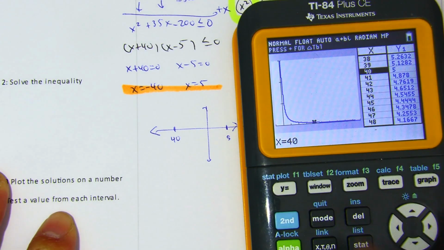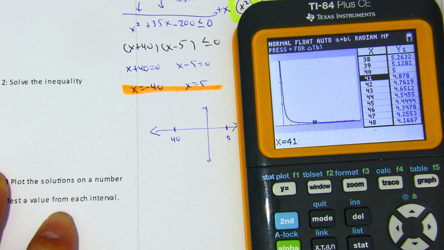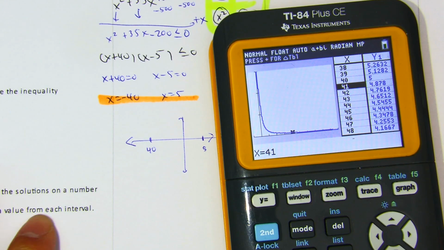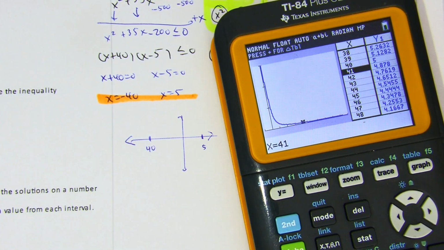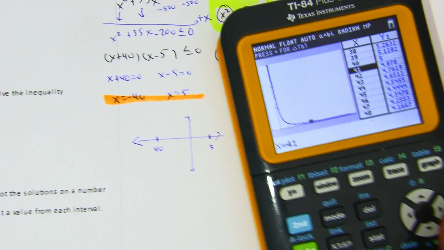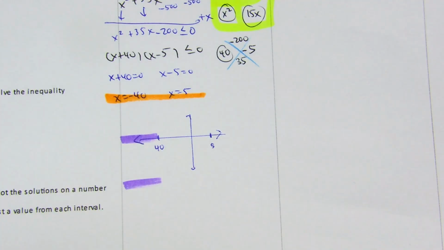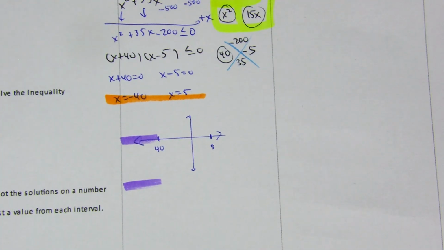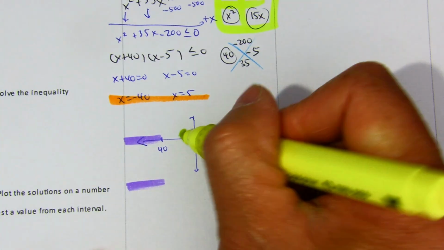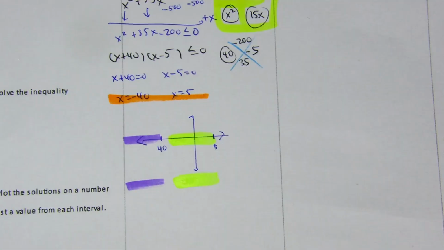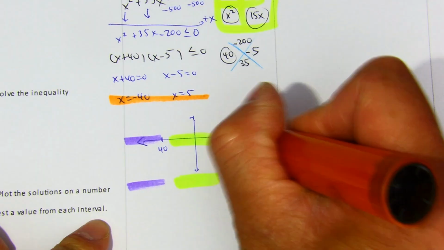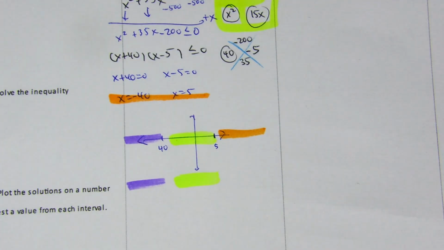You can type this into your calculator. To speed up the process, remember from last week's lesson, we picked 3 regions. It was purple, yellow, and green. So you're picking numbers inside these regions. Remember, do not pick those exact numbers.